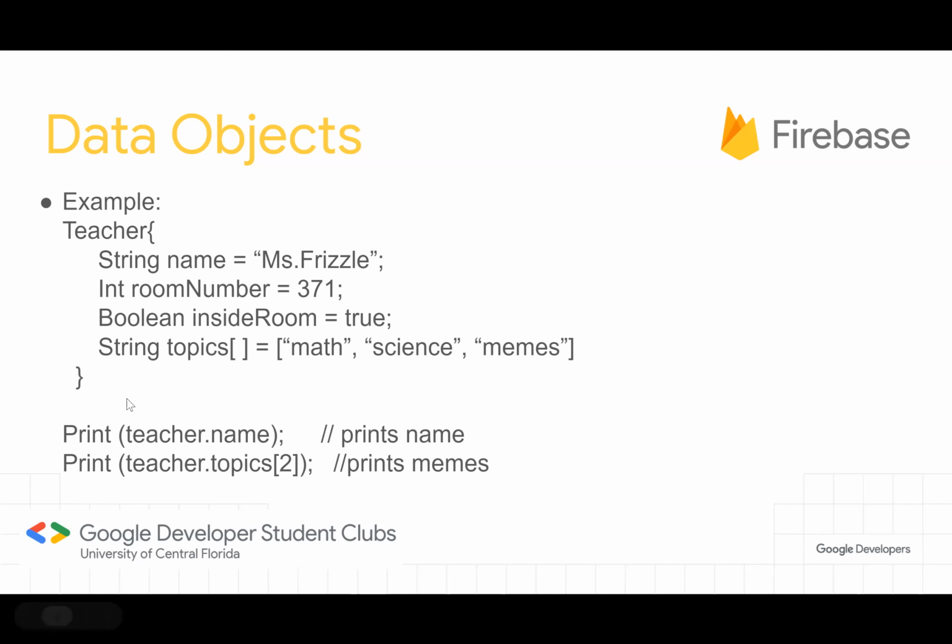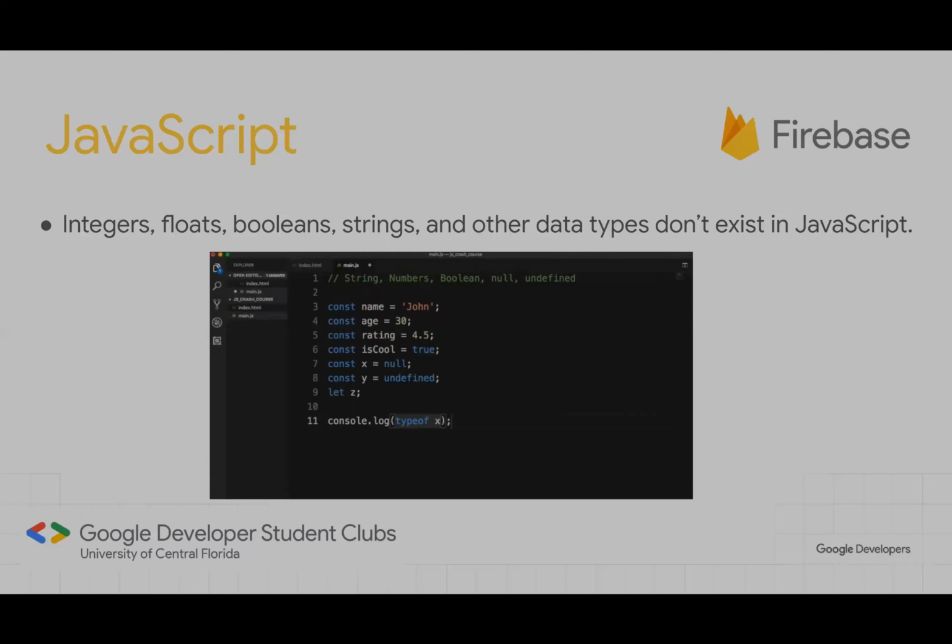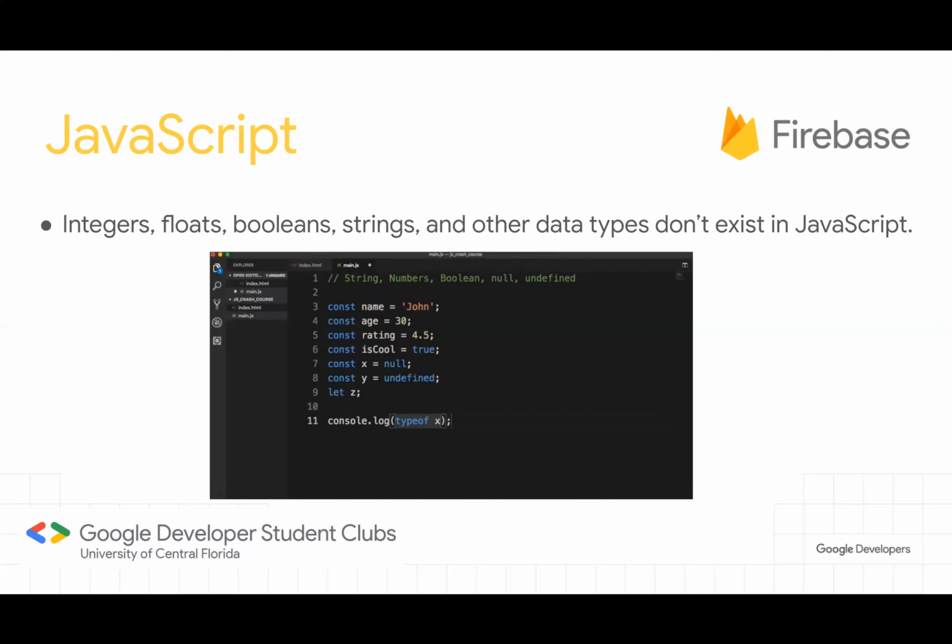And we're able to access this object through a dot operator, and we can also access arrays inside objects, and we can even go as far as accessing more objects inside objects, and it creates a hierarchy. And it can get more complex from there, but for now, I'm going to transfer over to JavaScript, which is what we'll be using today.